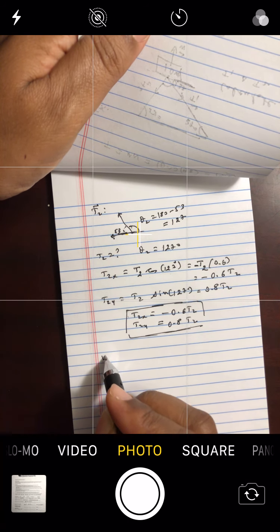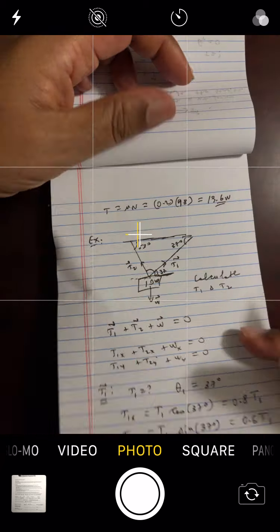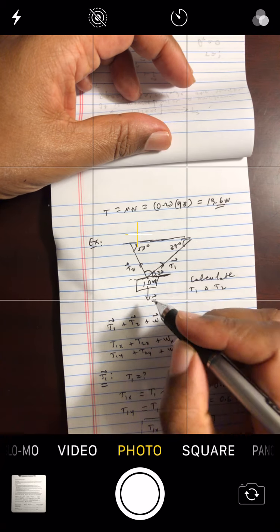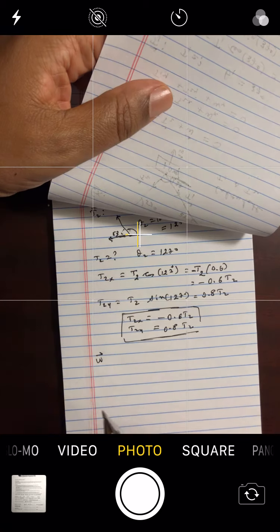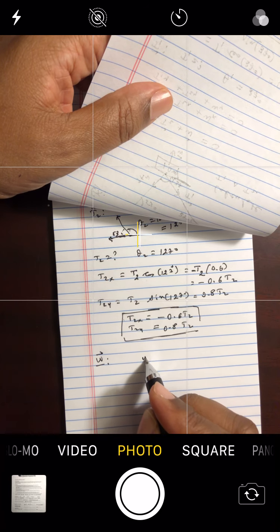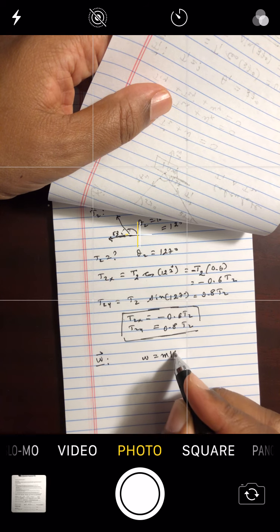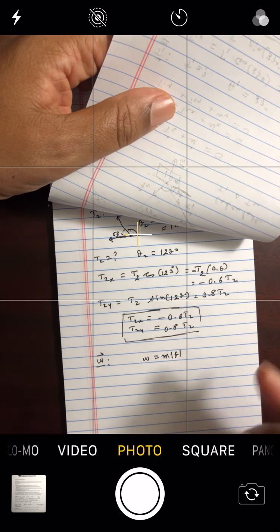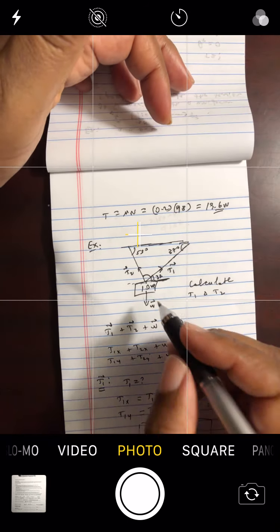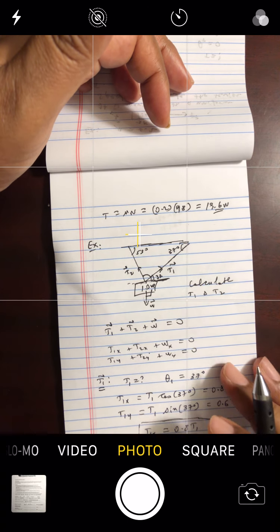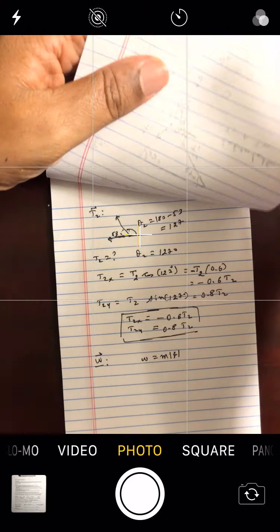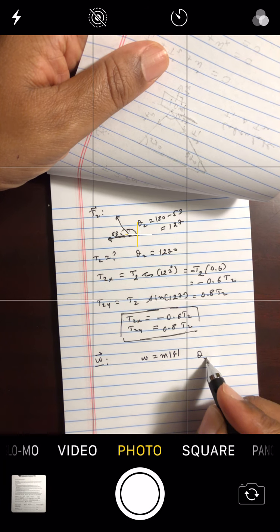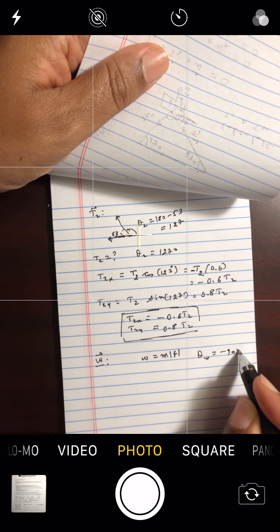Okay, next let's do the weight. The weight is pulling down over here. Its magnitude is mg. You know that the magnitude is mass times gravity, and the direction is negative 90 degrees, or 270 degrees if you come this way, or 90 degrees if you come clockwise. So the direction for this one is negative 90 degrees.